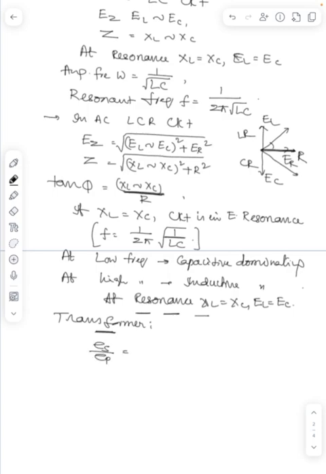E S by E P equal to minus N S into d phi by dt by minus N P into d phi by dt. Flux is the same, rate of change of flux is the same in both cases. This equal to N secondary by N primary.